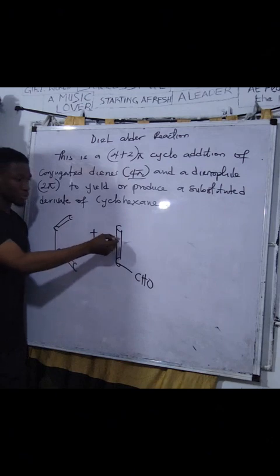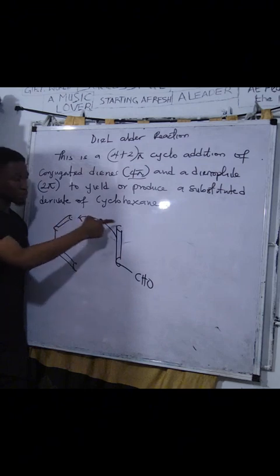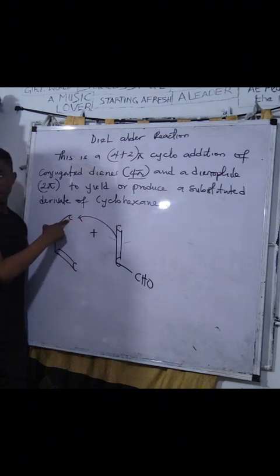How is that going to happen? First of all, the first pi of this one will attach itself to this carbon. This pi carbon here will attach itself to this pi carbon. But now that it has attached itself to this pi carbon, this guy is having an excess. So it has to push its own pi electron down to this side. And when that happens, this carbon now has an excess.